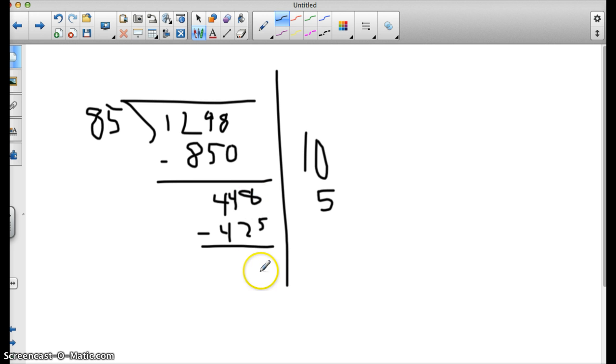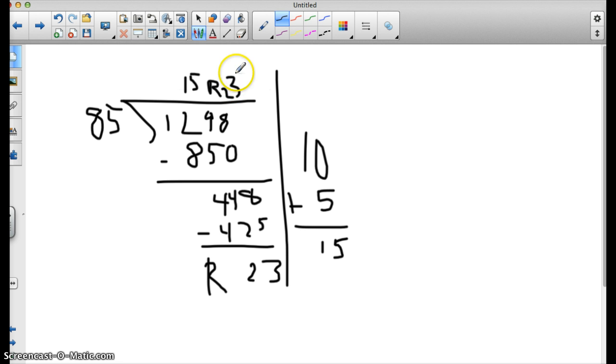And then I can go. 8 minus 5 is 3. 4 minus 2 is 2. 85 doesn't fit into 23, so that's my remainder. I add up my answer, which is 15. So my answer up on the top is 15, remainder 23.